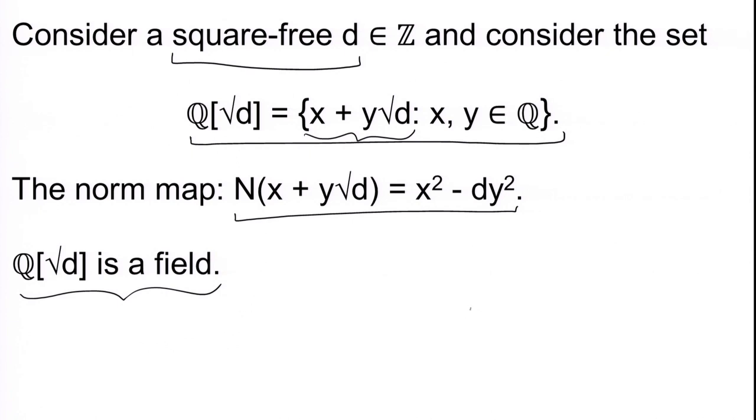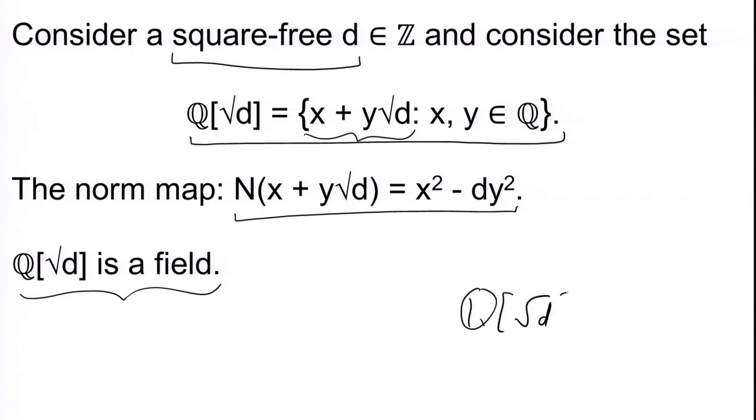So, in some sense the elements in Q root D behave like the rational numbers, and then we saw that just like we have the integers sitting in rational numbers, there are these algebraic integers sitting in Q root D. So, I may have told you that this is in fact a more general construction.